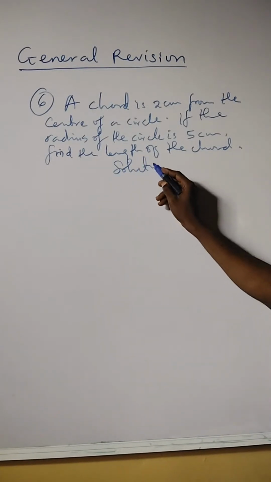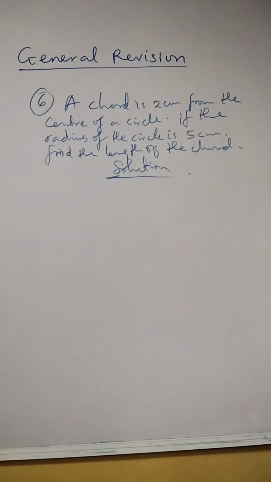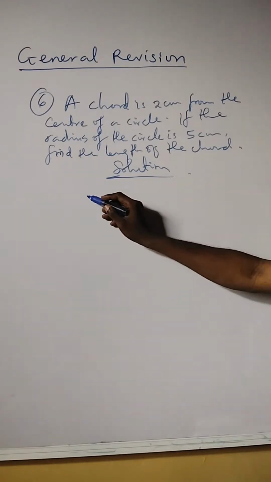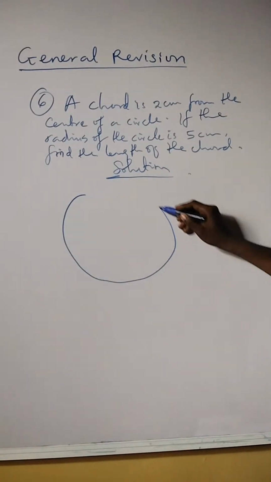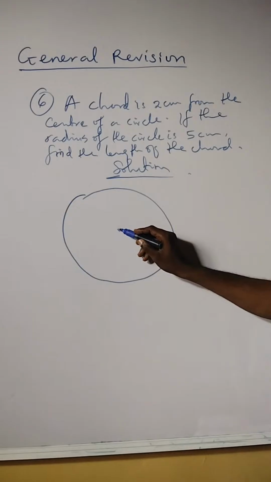It is an interesting question. As far as mathematics is concerned, now we are talking about a chord. We should know what a chord is. We have a circle, and in this circle we have a center.